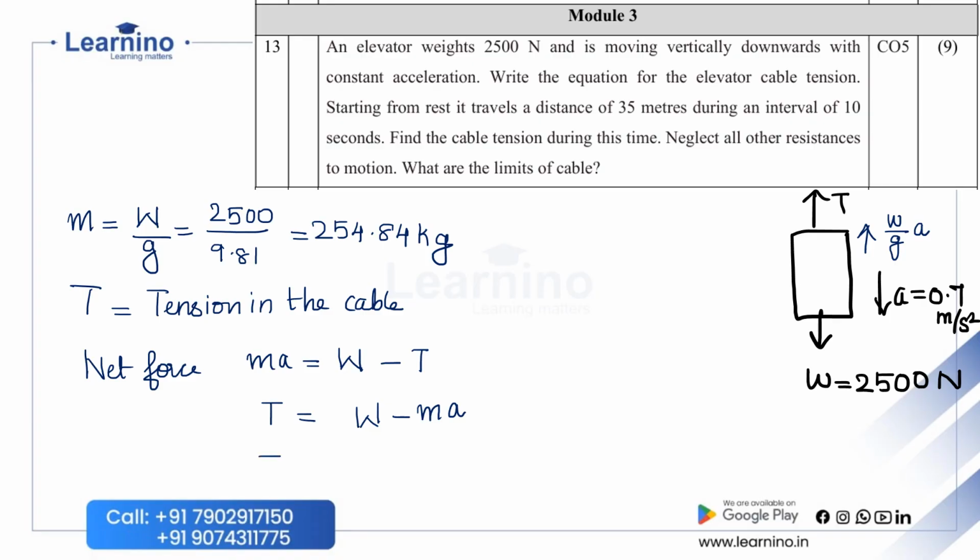Tension T is equal to weight W, that is 2500, minus mass, that is 254.84, into acceleration, that is 0.7. This is equal to 2321.61 Newton. That will be the tension in the cable.